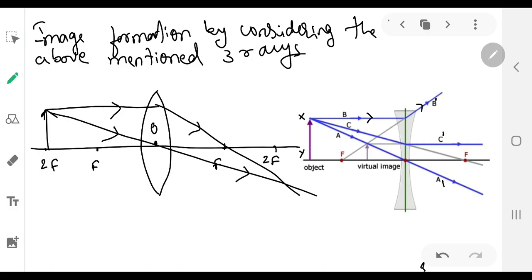The third ray: as our object is AB, we are taking rays from the point A of the object. The third ray that we can consider is the ray passing through the principal focus.